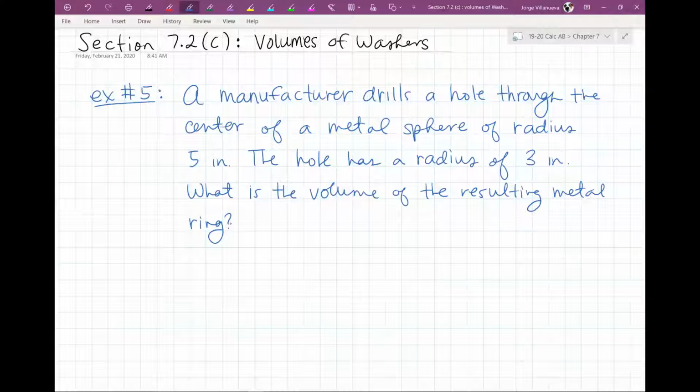Okay, so what we're looking at is something kind of like this. And drill a hole into it. And this is going to be the center of it, that they're rotating about.